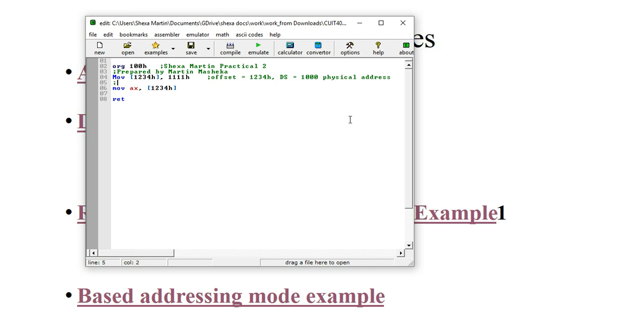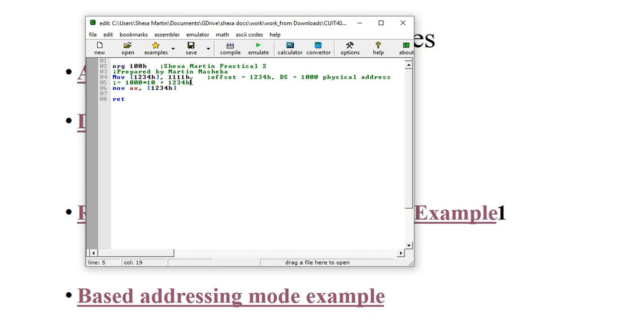It now becomes 1000 times 10. So this is the starting address of our segment. So we add that to our offset 1234h. We get the physical address, right?